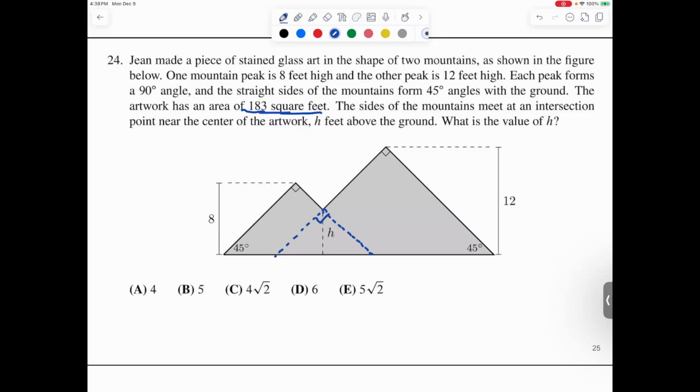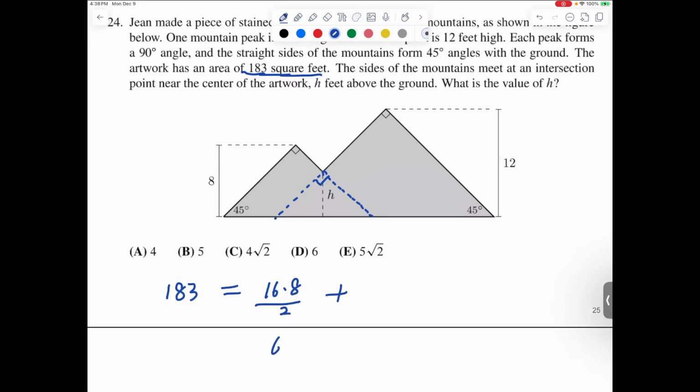So 183 square feet equals the area of the isosceles triangle with height 8, so 16 times 8 divided by 2, which is 64, plus the area of the triangle with height 12, so 24 times 12 divided by 2, which is 144. Then subtract the area of this triangle, which is h squared.